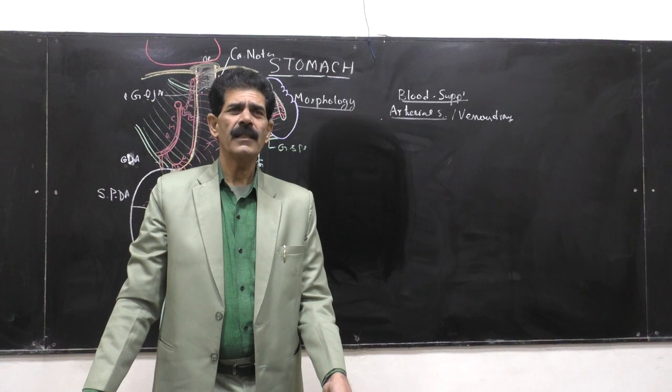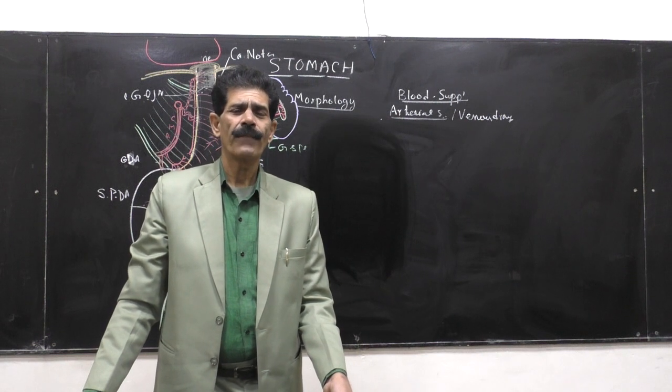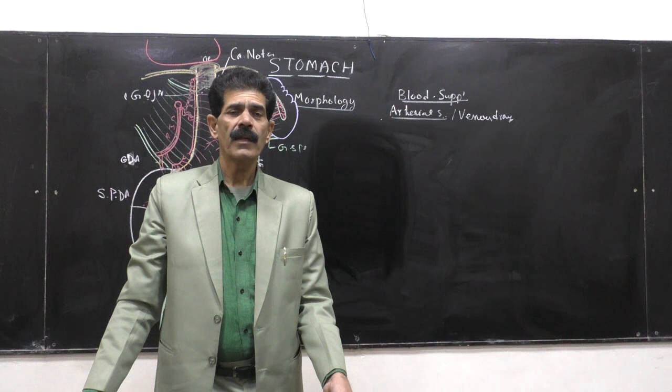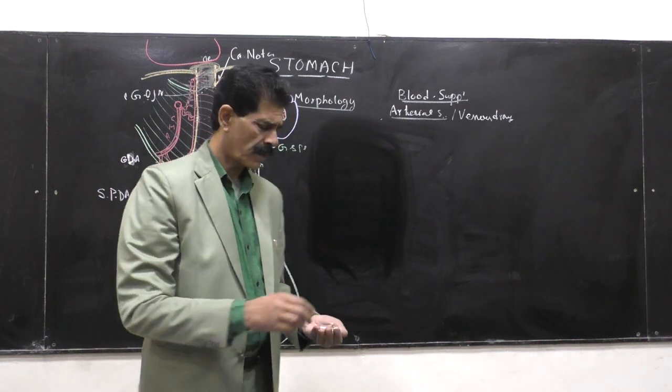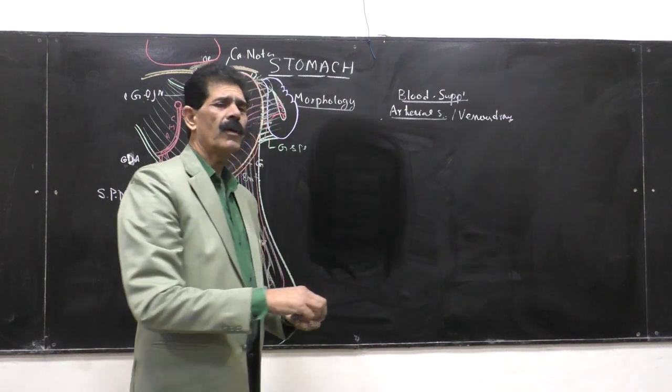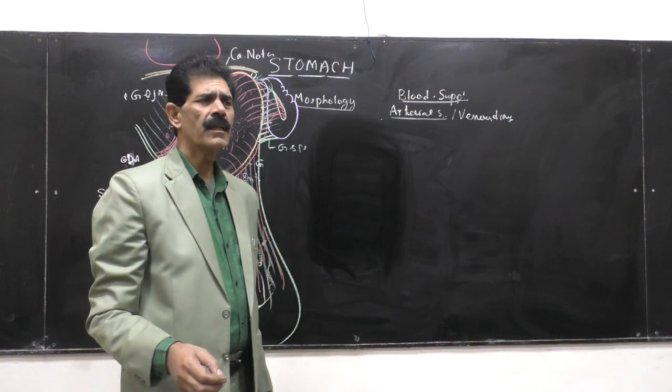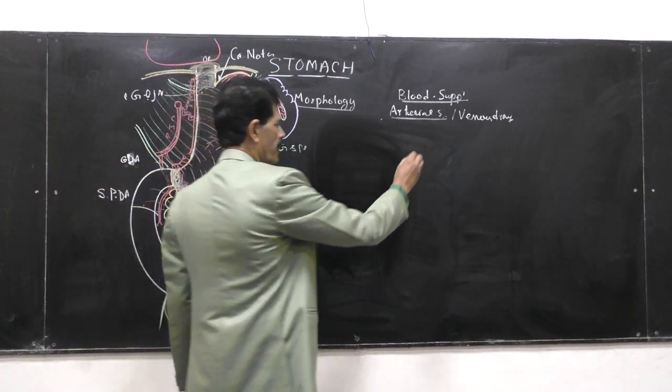And these absorbed substances are absorbed into the veins around the stomach. So a good amount of veins are also present in the stomach.